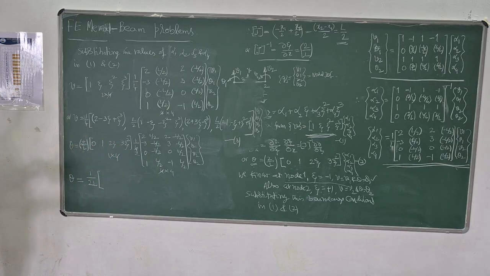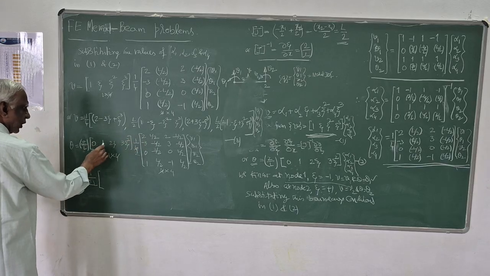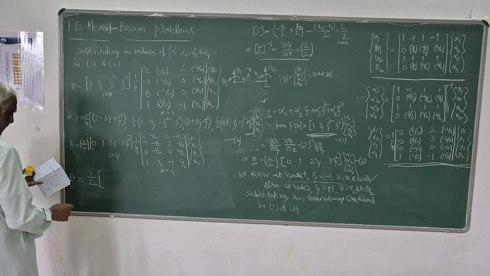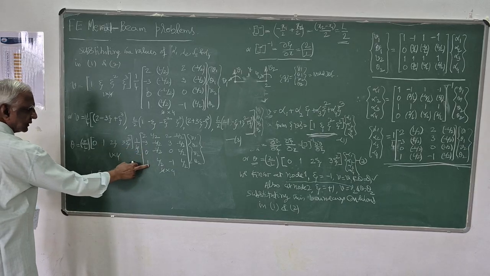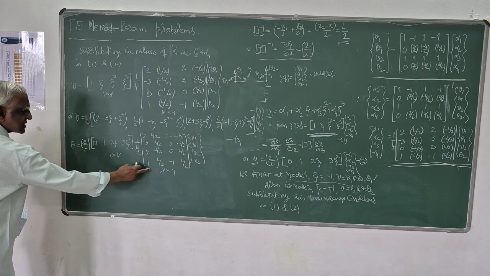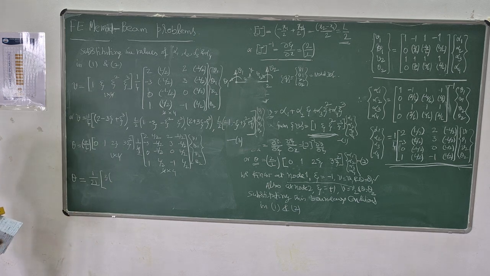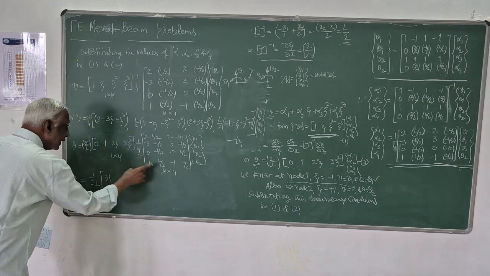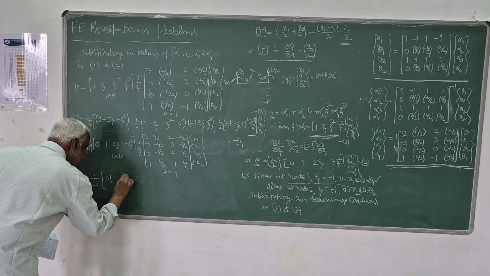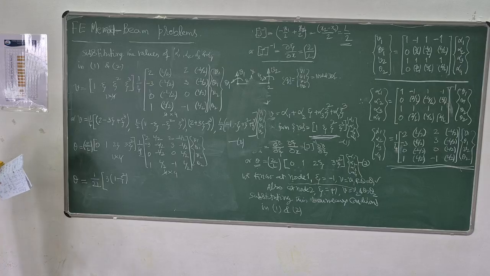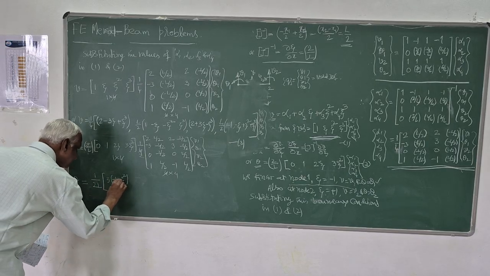If you simplify, you will get 1 by 2L into, this is 0 into 2, 0. This is 1 into minus 3, it is minus 3. This is 0. This is 3 psi square. So 3 psi square minus 3. Or if you take 3 outside, 3 into 1 minus psi square, or minus 1 plus psi square.